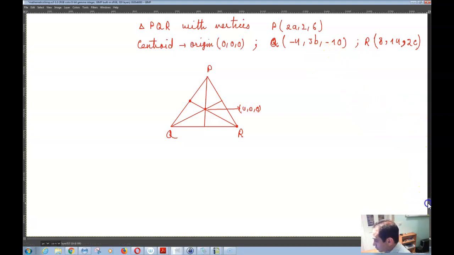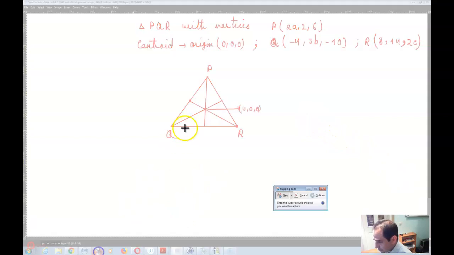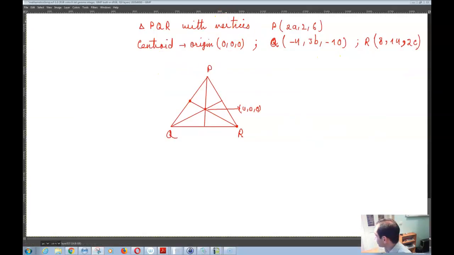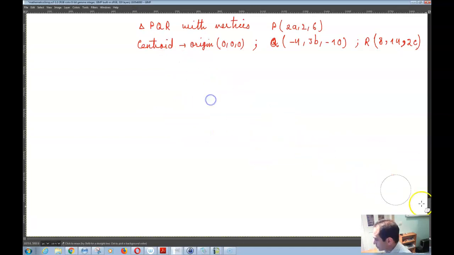So what I'm going to do is just make a screenshot over here because I need the space, and then I want to find the midpoint between Q and R. Let me draw this triangle over here because we are going to need it.